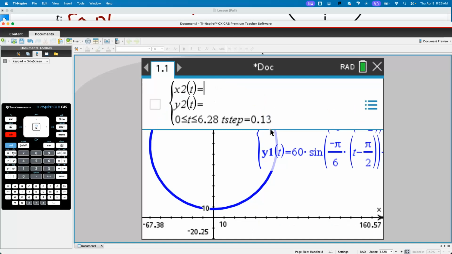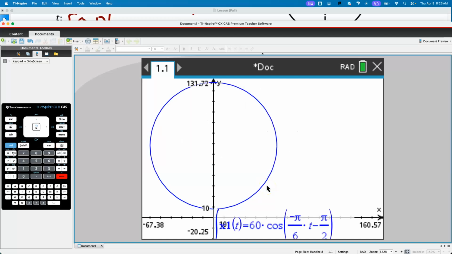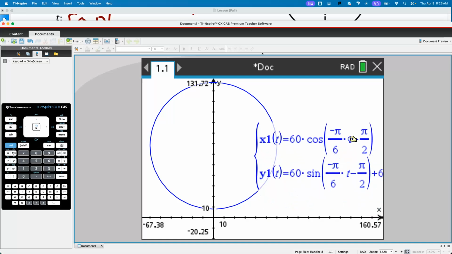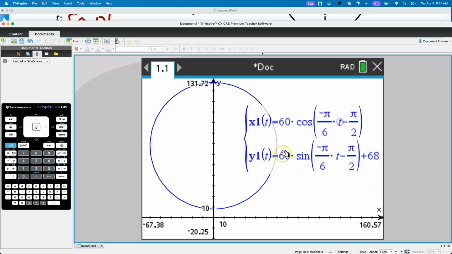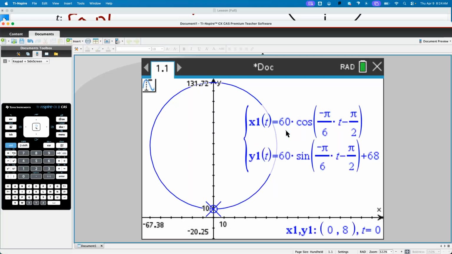Okay, so now we're hoping that we're at the bottom. Okay, so we're at the bottom, right?